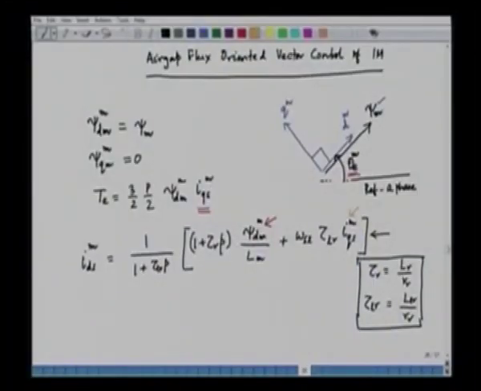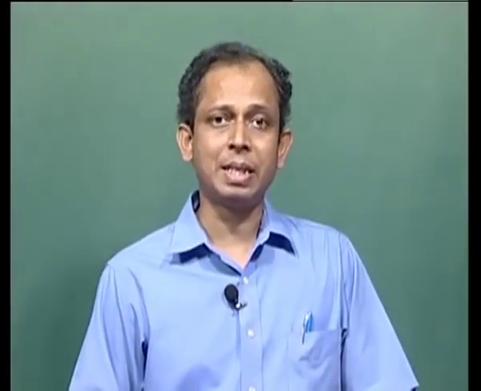Now, if you change IQS, we have to also change IDS. IDS can no longer be constant, we have to change IDS to keep the flux constant. So, in other words, if you want to change the torque, you should also change IDS in association with the change in IQS to ensure a constant flux. So, this has to be implemented to ensure that there is a decoupling between the torque and flux.